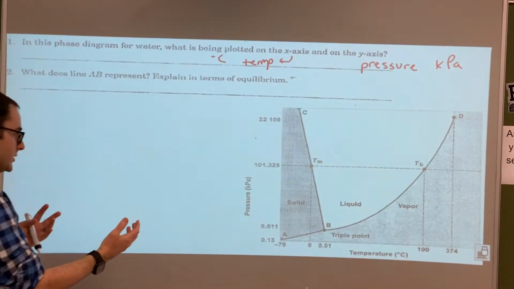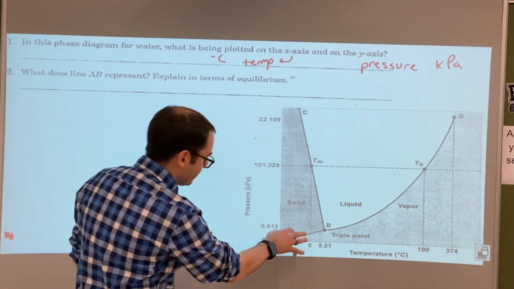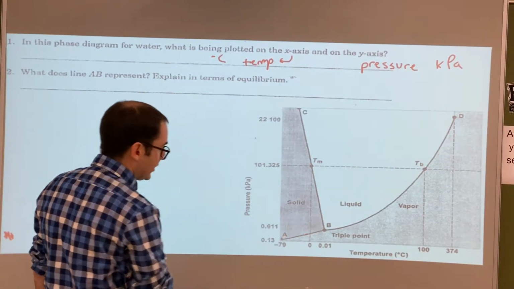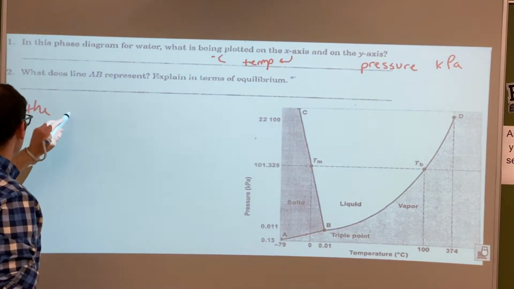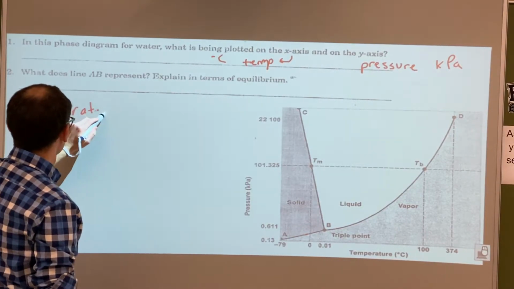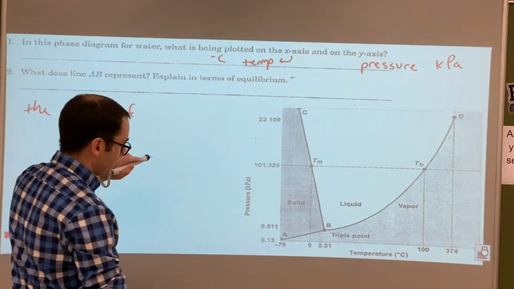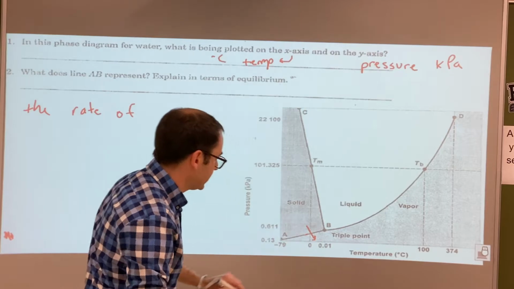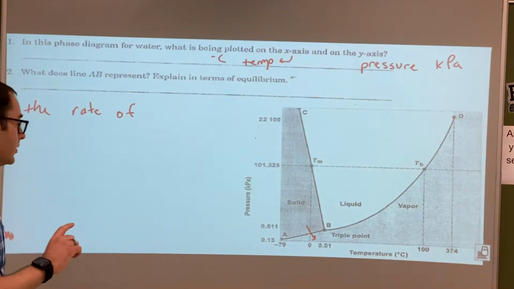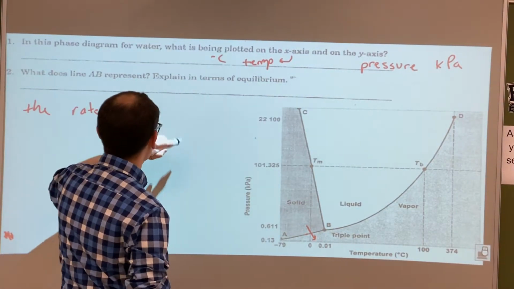So what that means is, not only are you gonna have both existing, solid and vapor, but this is the important part. The rate of, all right, so what's it called when we go from solid to vapor? Good, sublimation, subliming.